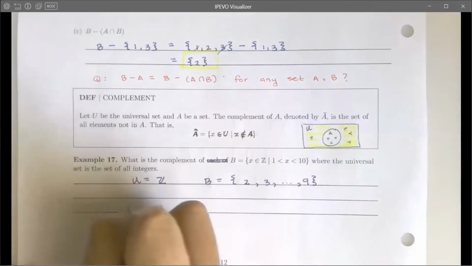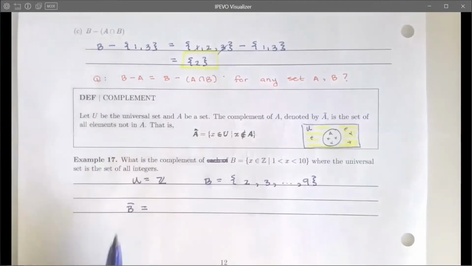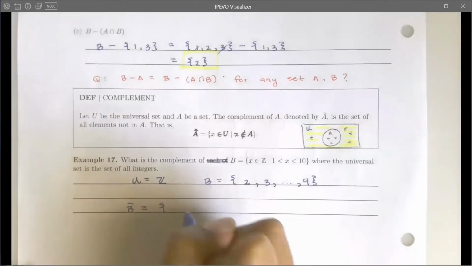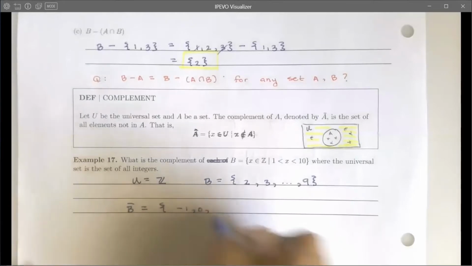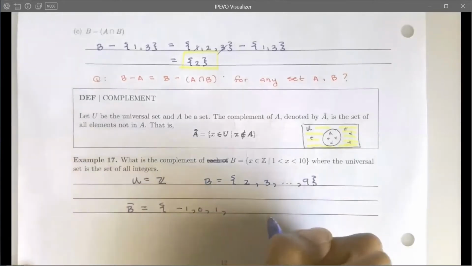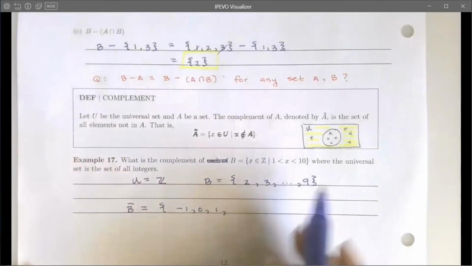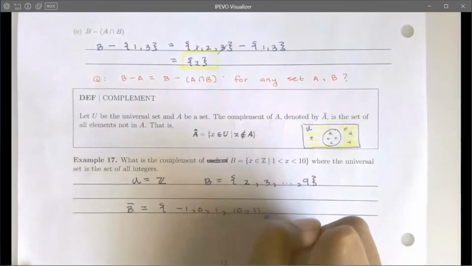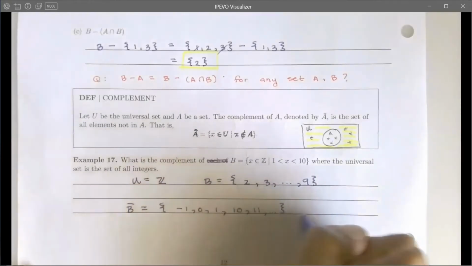Then B complement is supposed to contain everything that's found in the universal set that is not part of B. So that would mean everything from negative infinity up until 1, and then we wouldn't include these and then move on to 10, 11, and anything out to positive infinity.